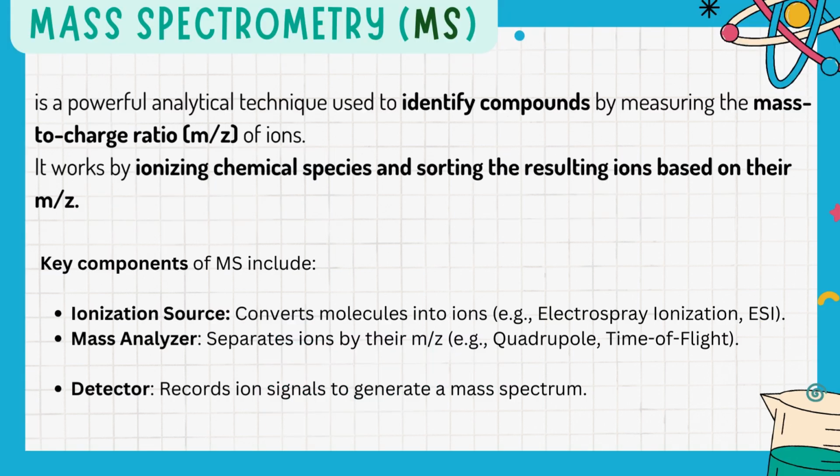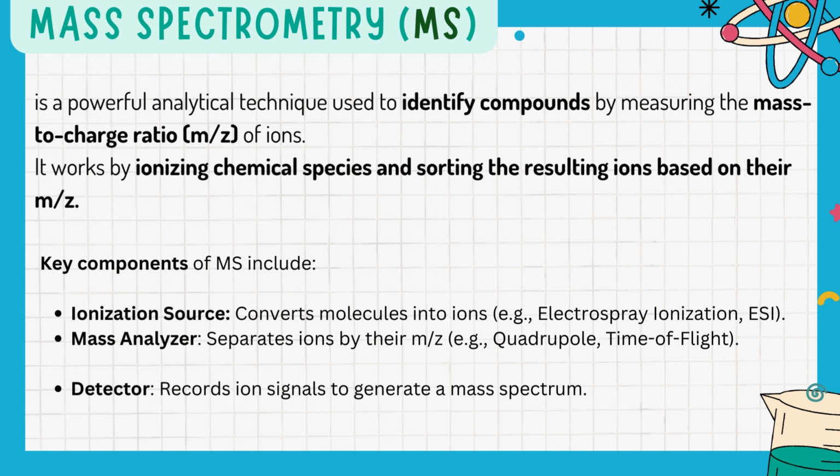So for mass spectrometry, this is an analytical technique used to identify and quantify compounds by measuring the mass to charge ratio of ions. It has four key steps: ionization, wherein the compounds are ionized to form charged particles or ions in an ionization source.